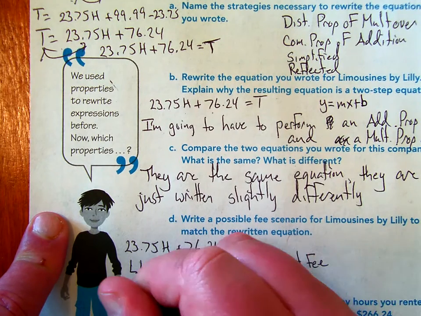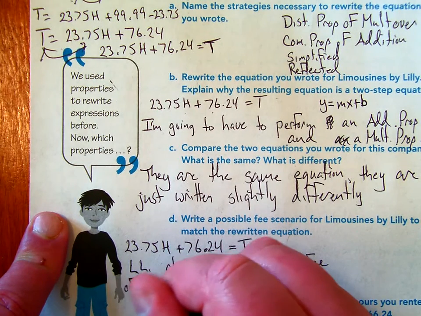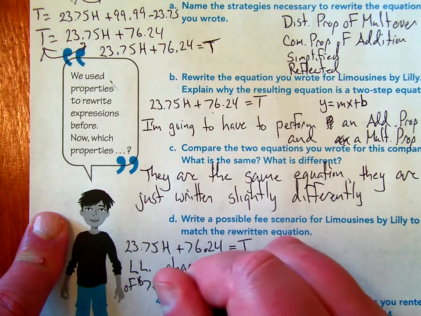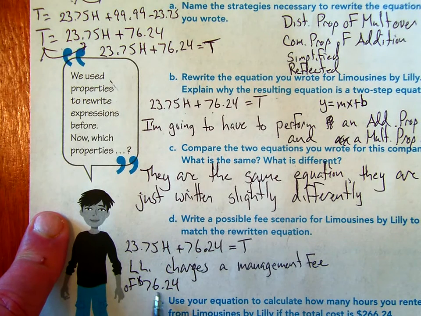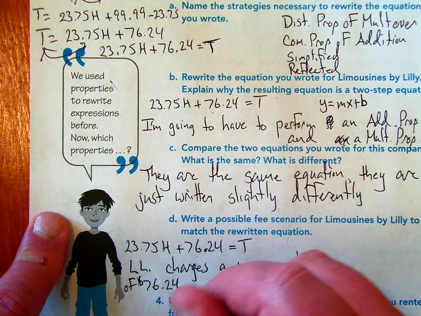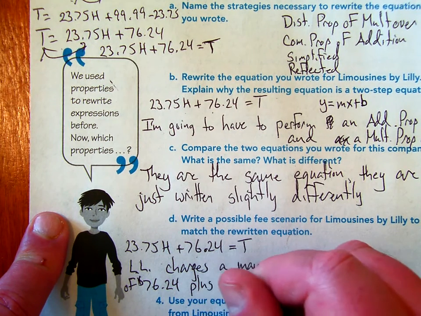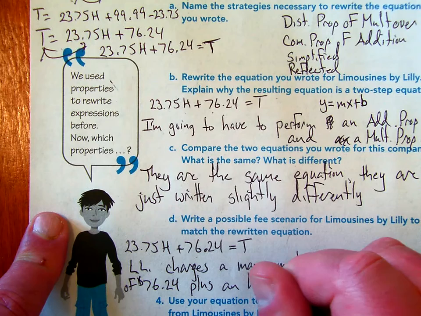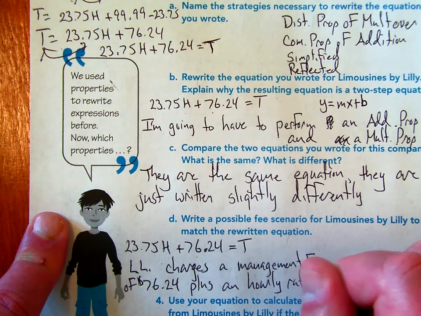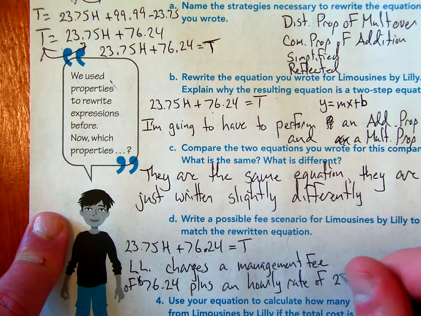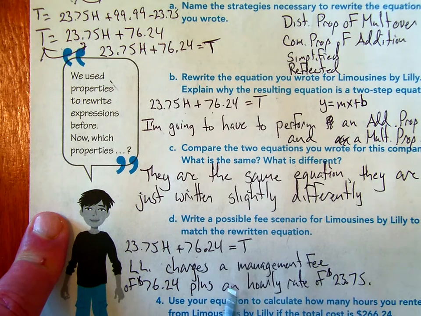But that's the fee, whether you rent it for 1 hour or 2 hours, you have to pay that $76 plus the hourly rate. So plus an hourly rate of $23.75. So we wrote a possible fee scenario for Limousines by Lilly to match this rewritten equation.